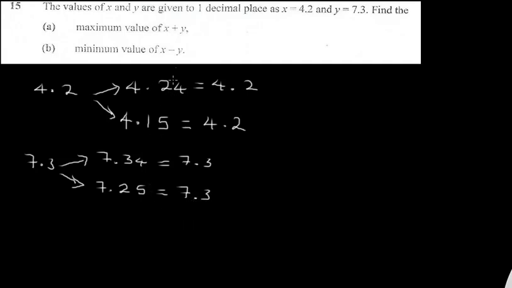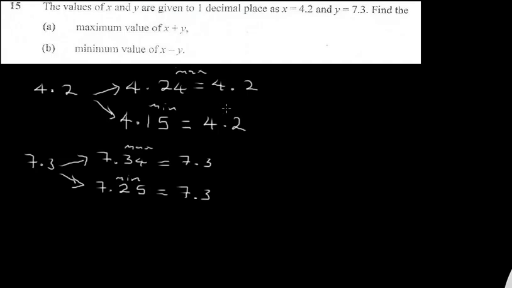But assuming we had 4.25, this would have been 4.3. Or if we had 4.14, this would have been 4.1. So this is the maximum, and this is the minimum.